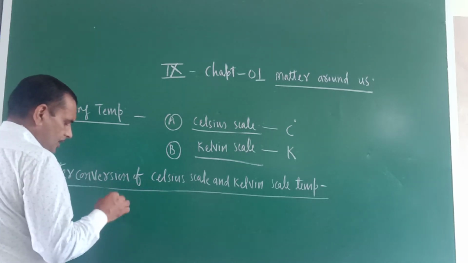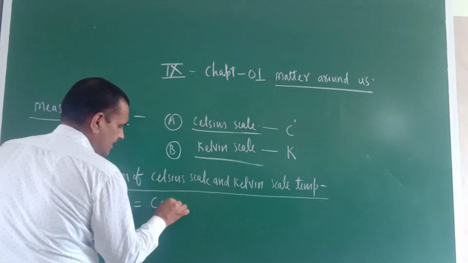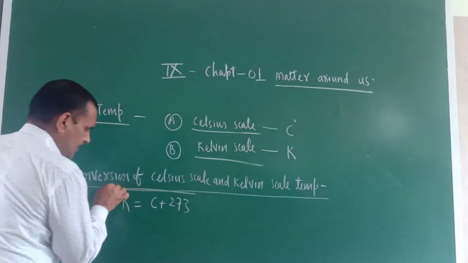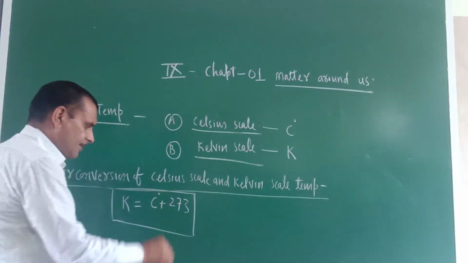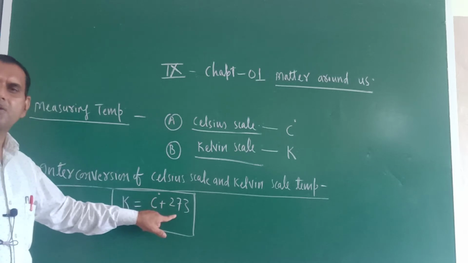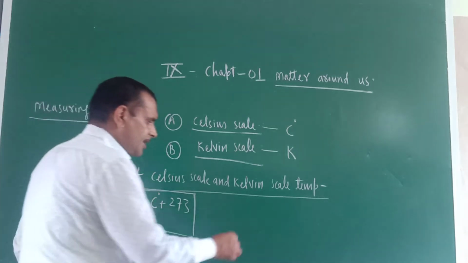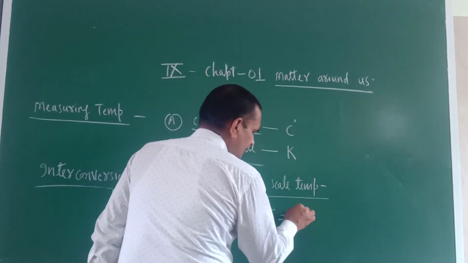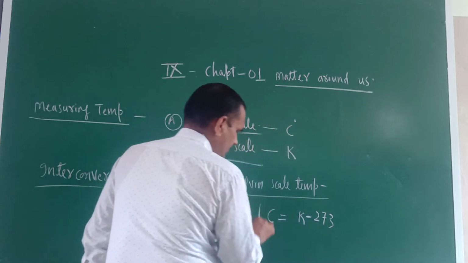K equal to C plus 273. What is the meaning of this? If the degree Celsius temperature is given, it should be added to 273. You will get the Kelvin temperature. And C equal to K minus 273.